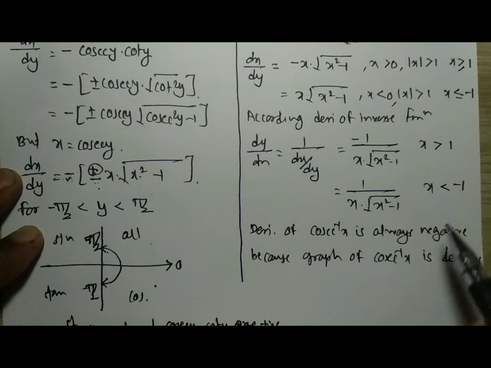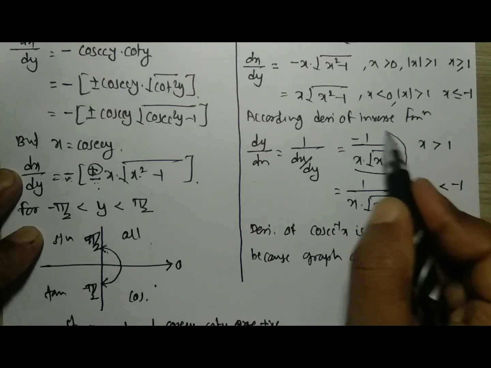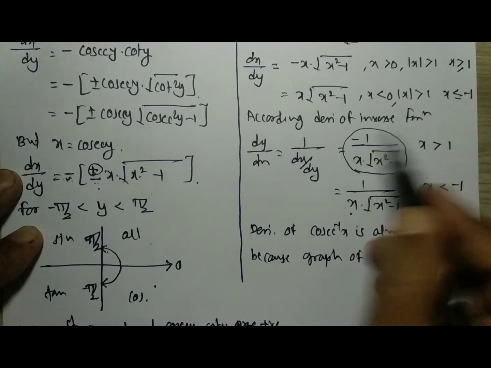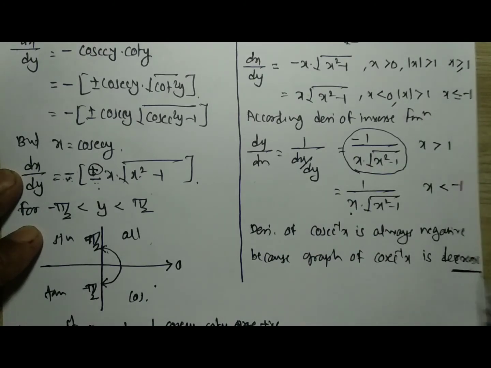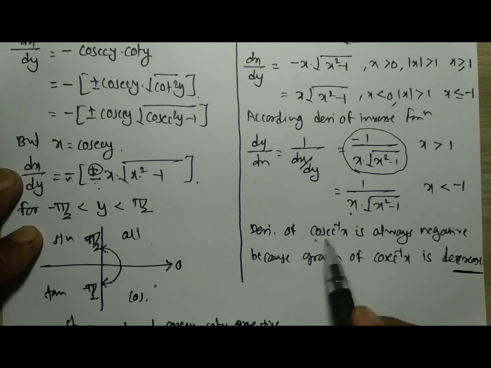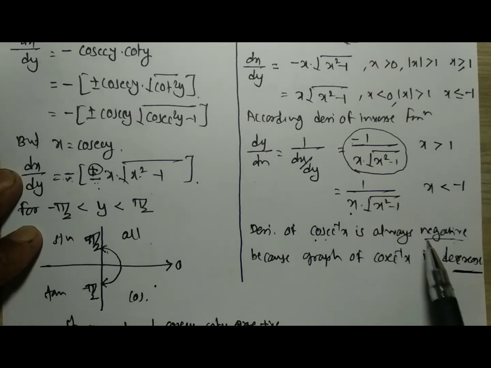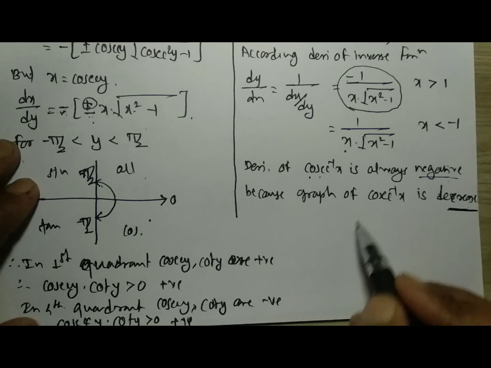What does it mean? The derivative of cosec inverse x is always taken as a negative value, because the graph of cosec inverse x is a decreasing one, and therefore a negative derivative is taken, because the graph of cosec inverse x is decreasing.